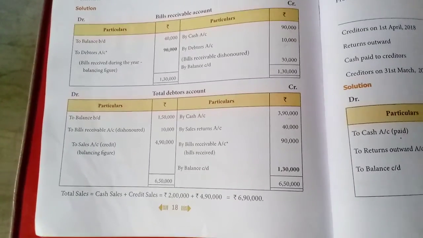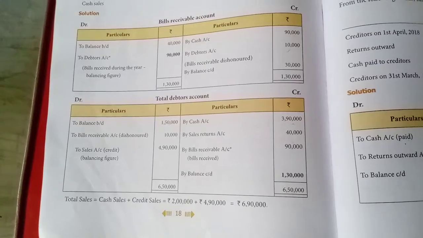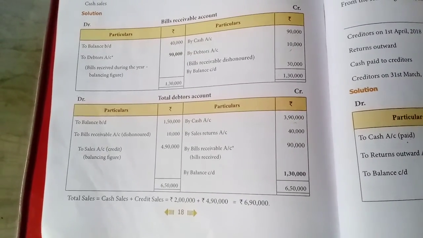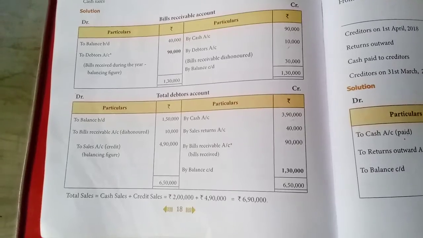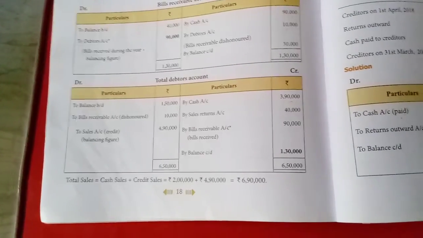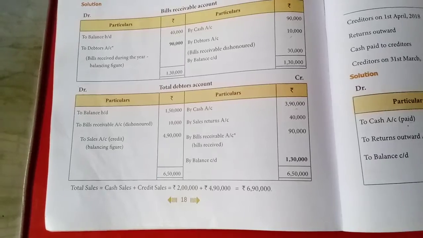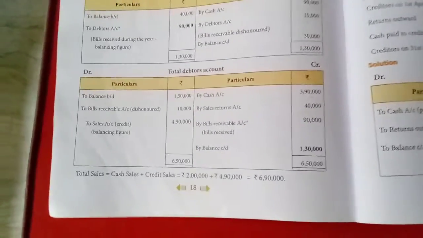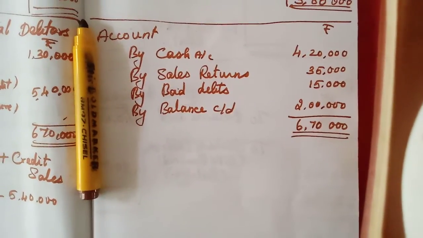You see here debit to debtors, that one only will appear here. What is on the credit side will appear on the debit side. Then that's all. Then the balancing figure is credit sales. Then the last line, total sales is equal to cash sales plus credit sales. We will get the total amount, total sales. We will see this one, the 13th exercise now.